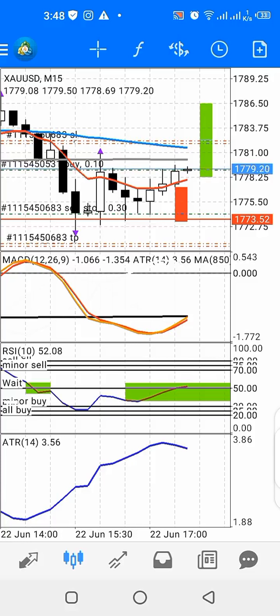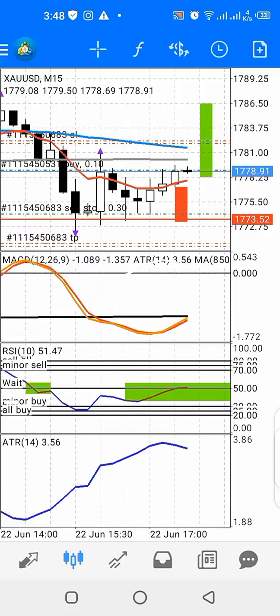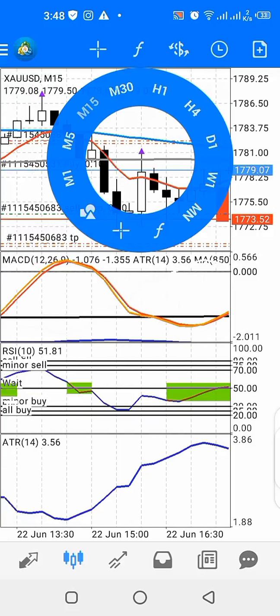The red area is your stop loss area, and the base will be where you place your stop loss. The green area is your take profit area, and the top will be where you place your take profit. So that's basically the essence of the ATR: measuring stop loss and measuring take profit.